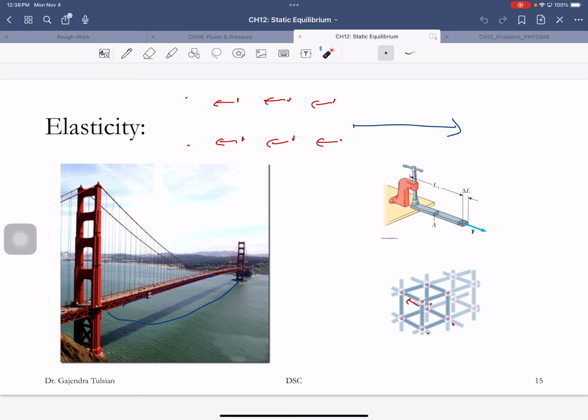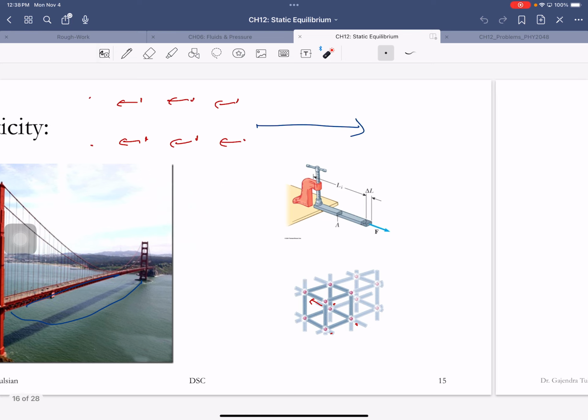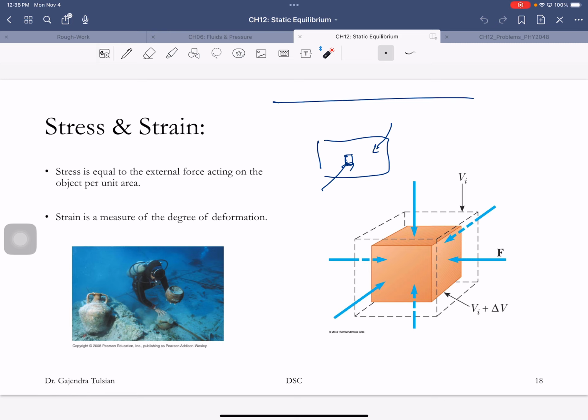If you apply a force that's compressing the object, that's called compressive stress. We will apply volume stresses, bulk stresses. So if you throw an object underwater, the pressure on it is perpendicular to all the faces of the object, and the volume of the object will decrease. So you're applying bulk stresses to them.